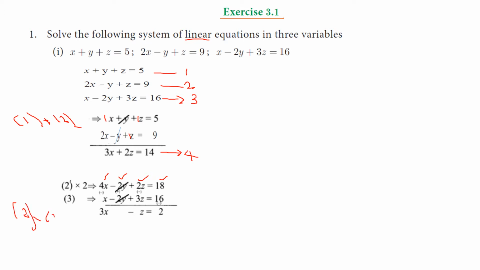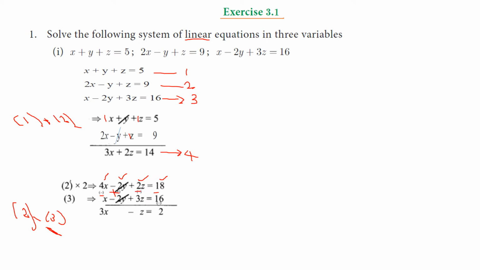That means if you subtract the second equation from the third, you have to change the sign. For x minus 2y plus 3z equal to 16, you have to change plus x to minus, and minus 2y to plus, and plus 3z to minus, and 18 minus 16.